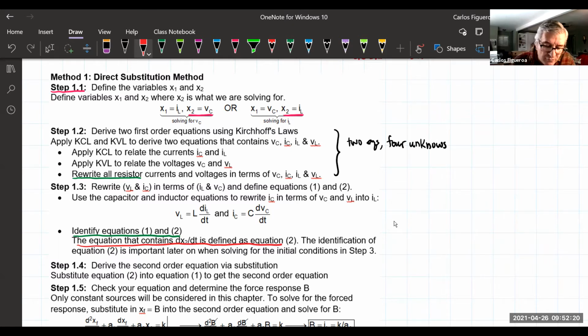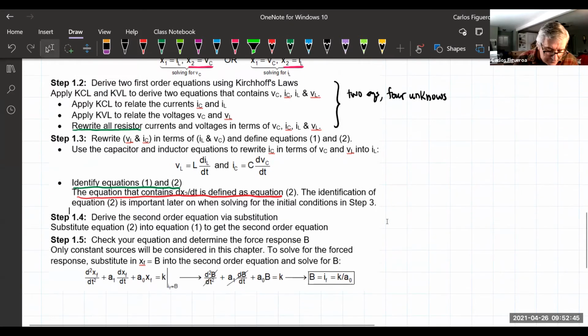So if I'm solving for the voltage of the cap, then the equation that has the derivative of the voltage of the capacitor is my equation 2. If I'm solving for the inductor current, then the equation that has the derivative of the inductor current is equation 2. So then I come to step 1.4.